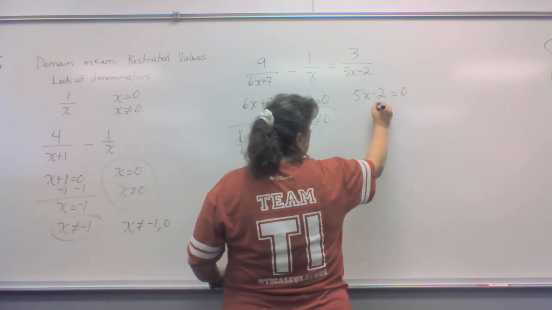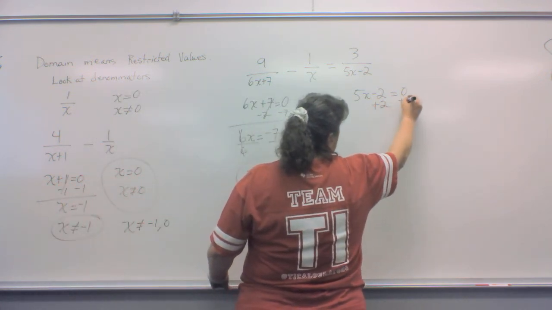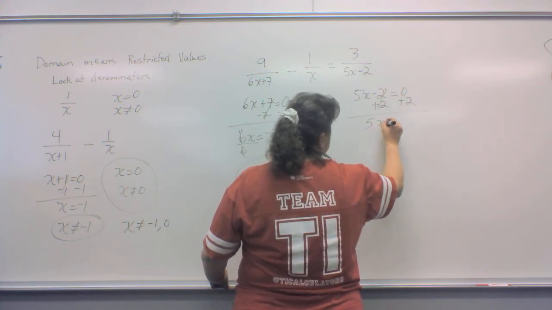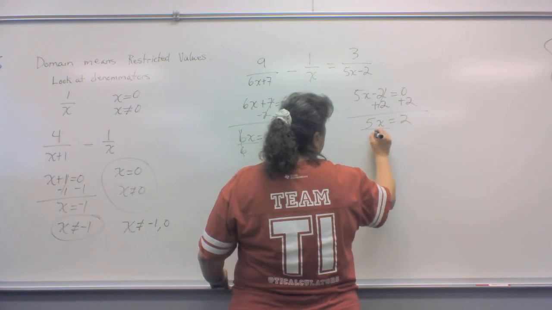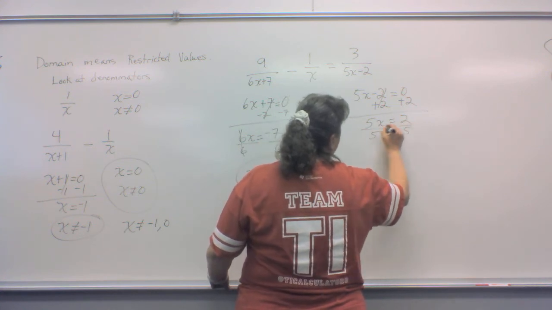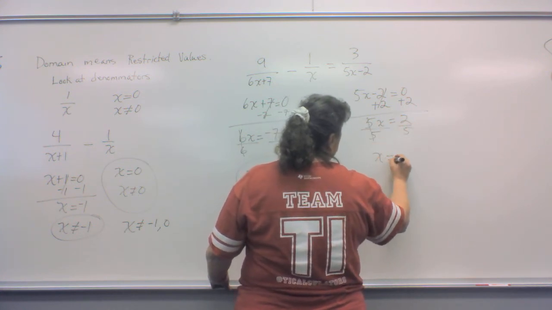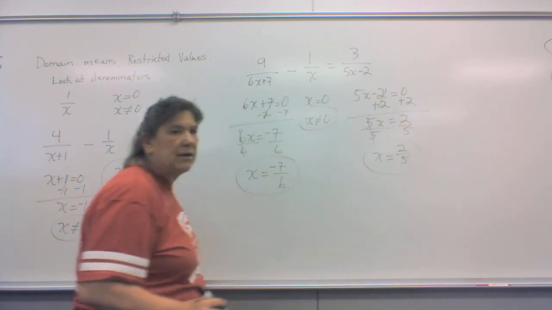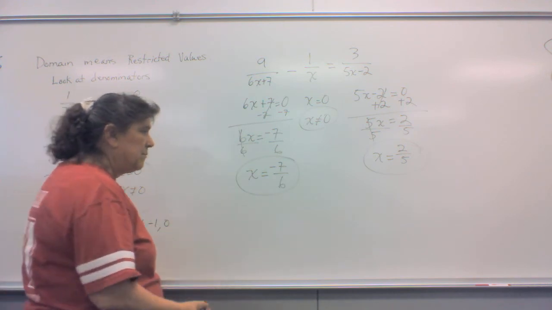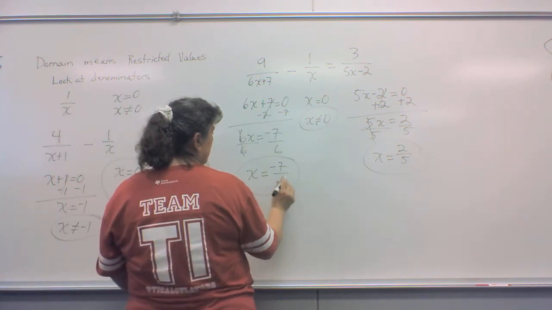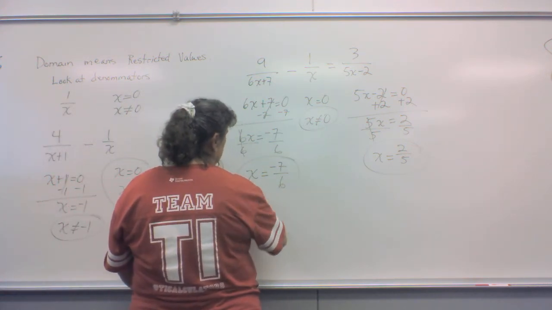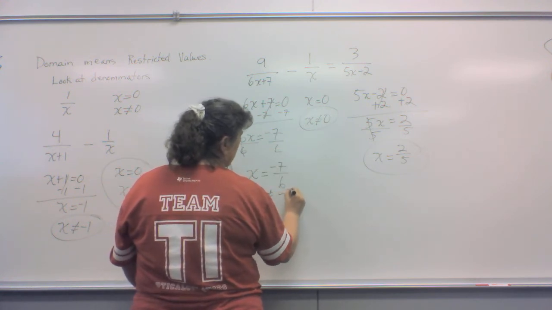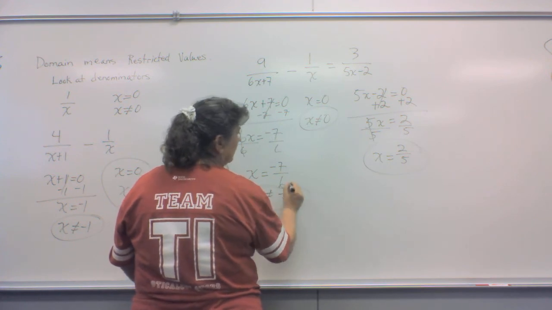Now we have the same one over here. I'm going to add 2 to both sides to solve, leaving me with 5x is equal to 2. Now divide by your 5, and x is equal to 2/5. That is my third restricted value. Now, remember, we're going to write it as x cannot equal. Whoops, I need to rewrite that, I didn't take that last step on it.